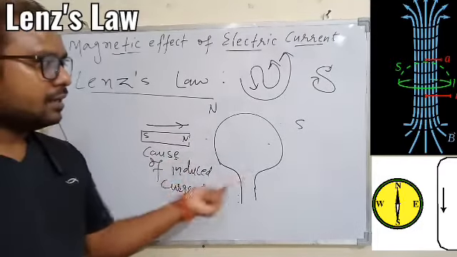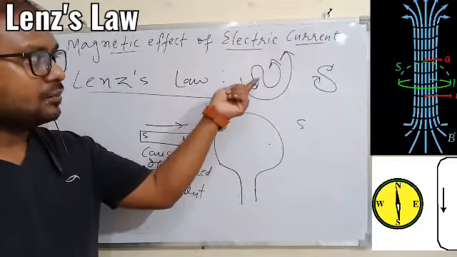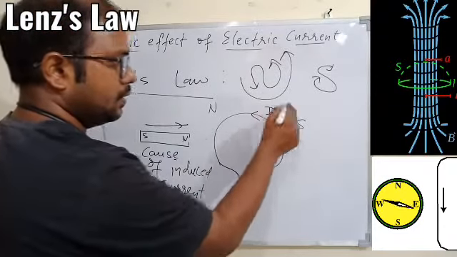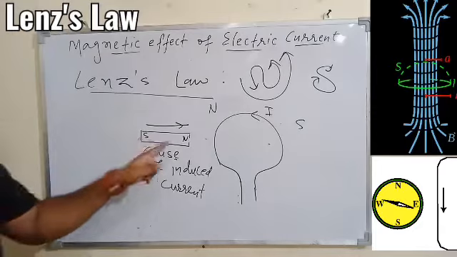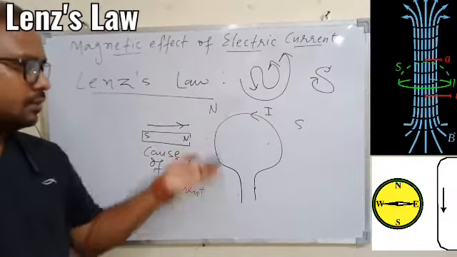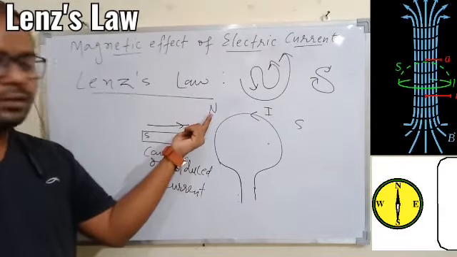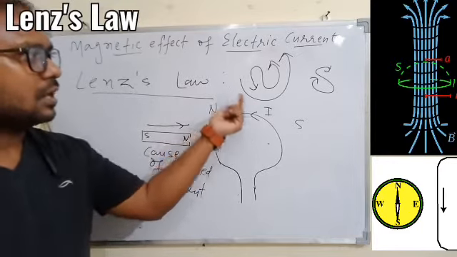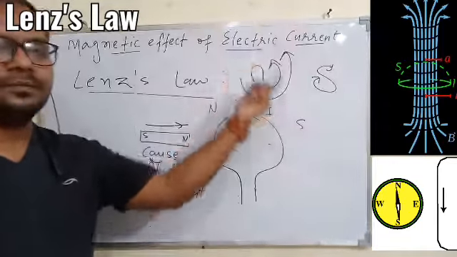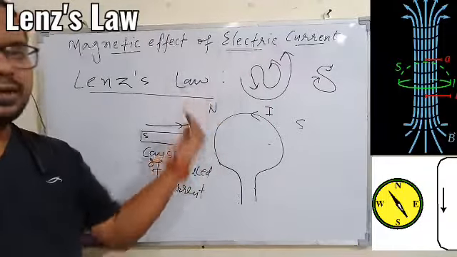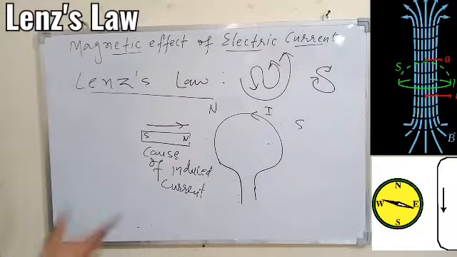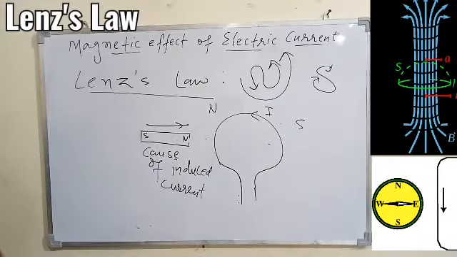So the current in this coil will be anti-clockwise. If the magnet with the north pole is moving towards the coil, the front face will become north pole so that it can repel it back, and this is possible only if the current is anti-clockwise. Remember, if the current is anti-clockwise in a coil, you are facing north. Am I clear? So in this case the current will be anti-clockwise.